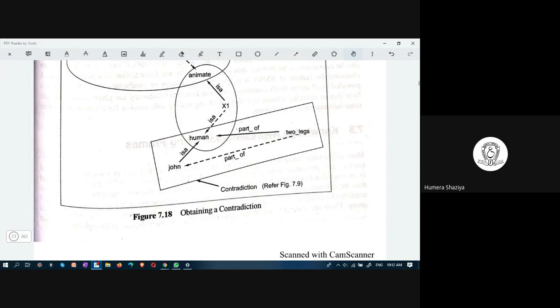How did we achieve contradiction? John is a human, and part of John is two legs, part of human is two legs. Look at here, through this we arrived at contradiction. Because we have arrived at contradiction, it can be proved that John has two legs.